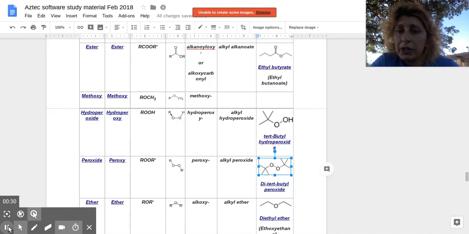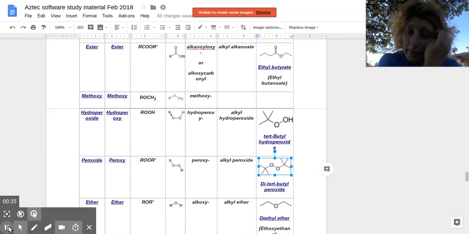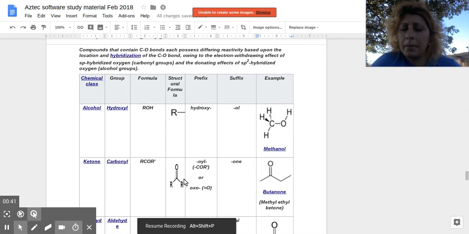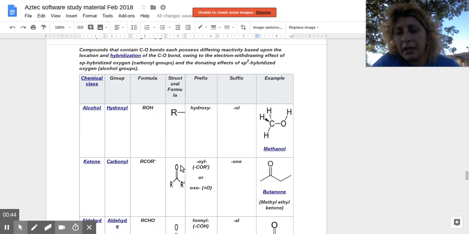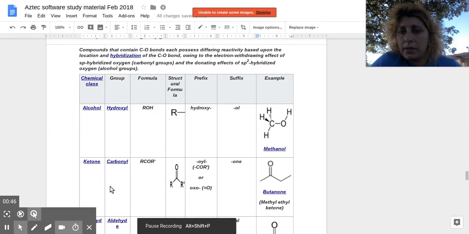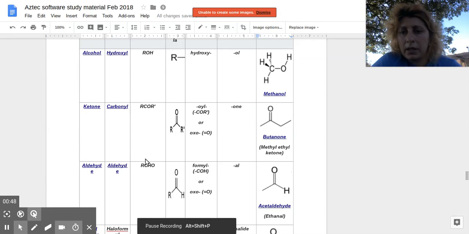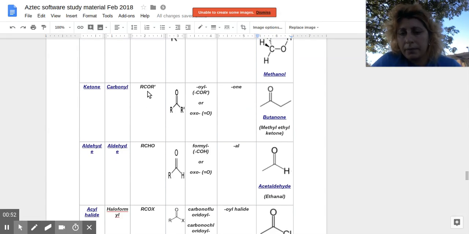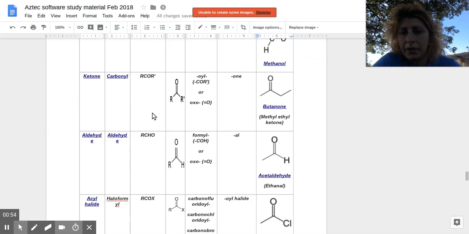So currently we're learning about the oxygen functional groups, which are molecules containing carbon and oxygen. So we learned alcohols, OH, ketone, RCOR.